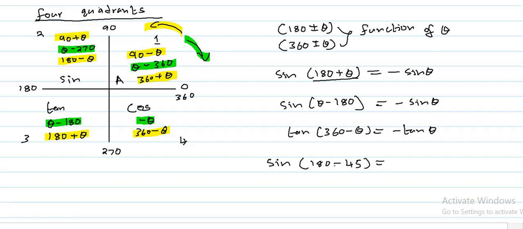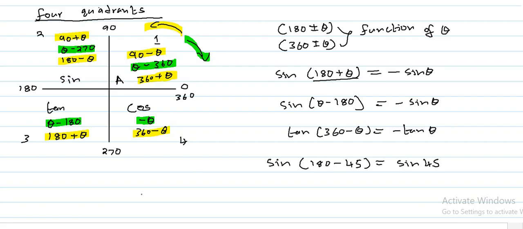And in quadrant number 2, sine is positive. So this will be positive the sine of 45. I hope it makes sense in terms of the reduction formula.